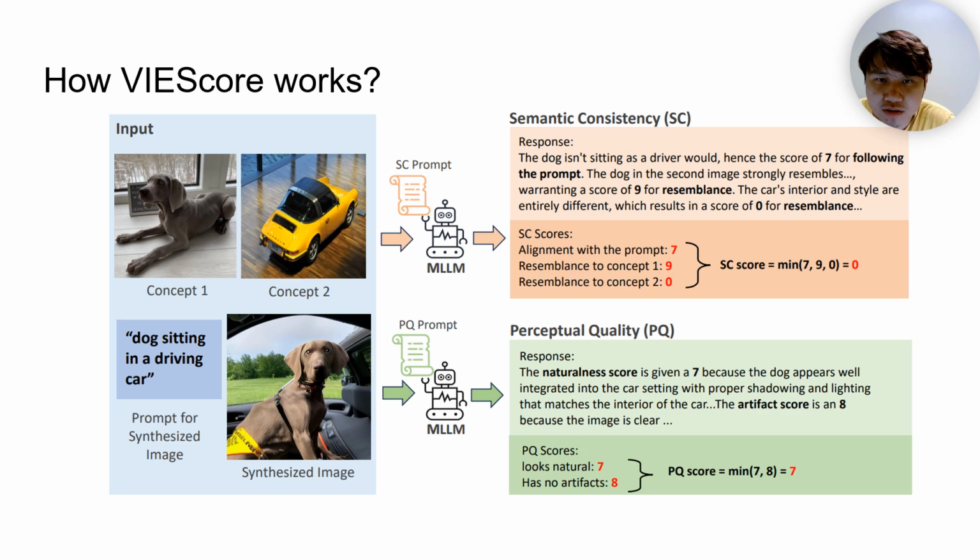The image here is rated from a human perspective: the semantic consistency between the conditions and the synthesized image alignment in the range of 0 to 10, while perceptual quality assesses the image fidelity and the naturalness in a similar sense.